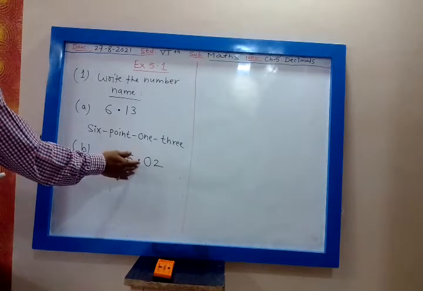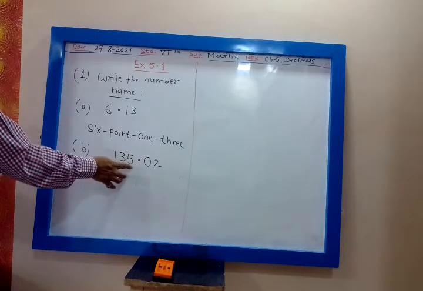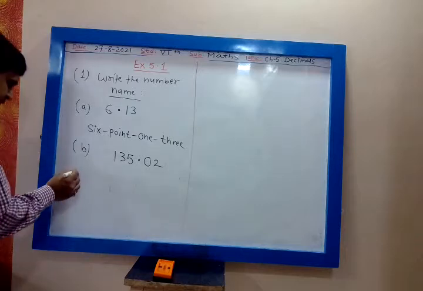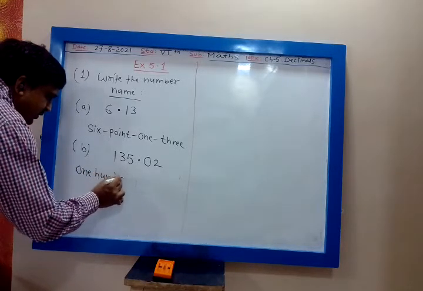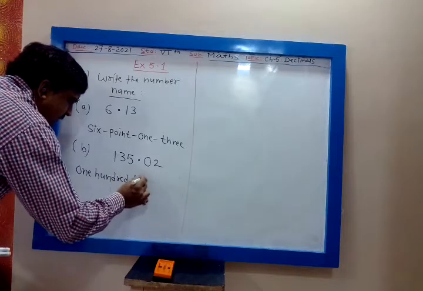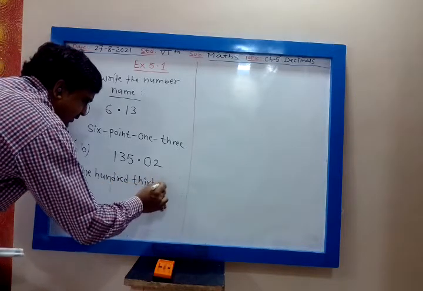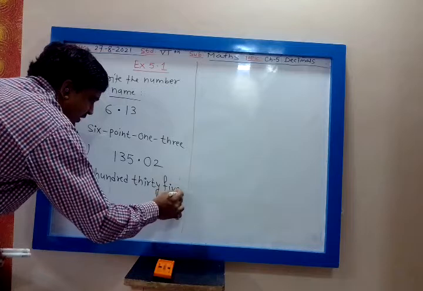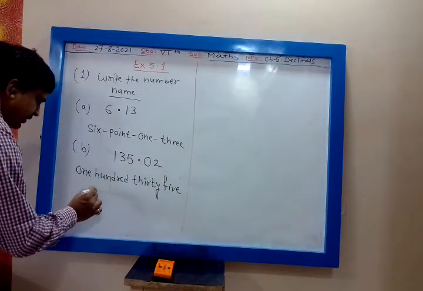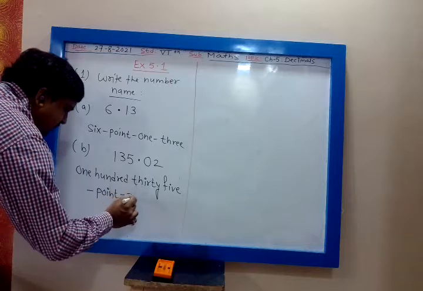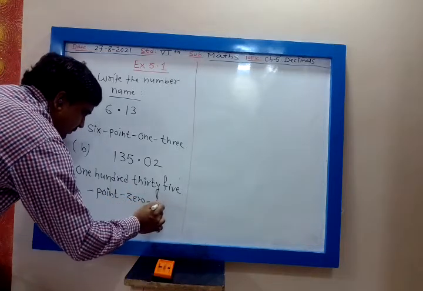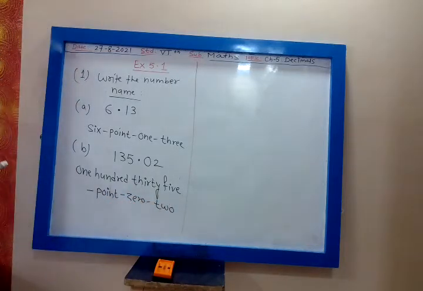Before decimal it is a whole number. So before decimal it is 135, and we read 135. Then point, dash, 0, dash, 2. 135.02.